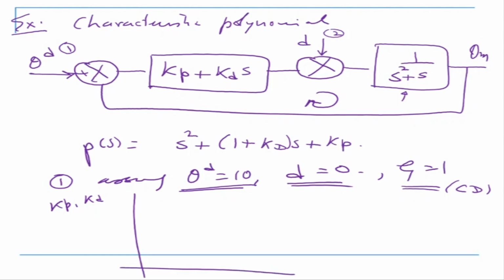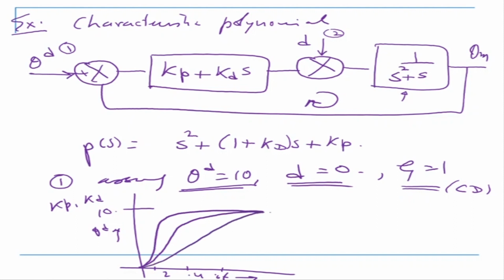What we see is that this is my time axis, and this is my position 10, which I'm supposed to go to, theta d equal to 10. Then we see 0.2, 0.4, 0.6, like that. For omega equal to 12, it goes like this, and it is here. Then omega equal to 8, it is here. Omega equal to 4, it is there.